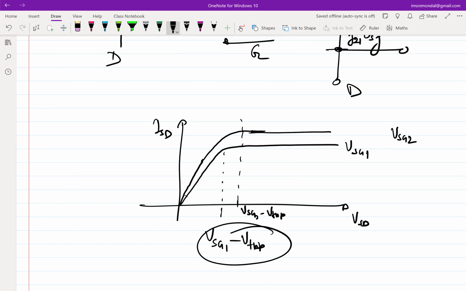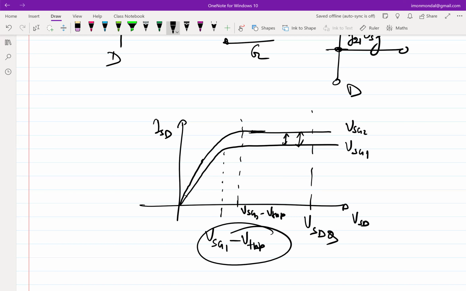Quickly, before we stop, if VSG2 and VSG1 are not too far apart, can you comment small-signal-wise what is this difference of current in the saturation region? For example, I fix VSD at some particular value, let's say VSDQ. I'm not changing VSD, and I have changed from VSG1 to VSG2, which means I see a current increase.